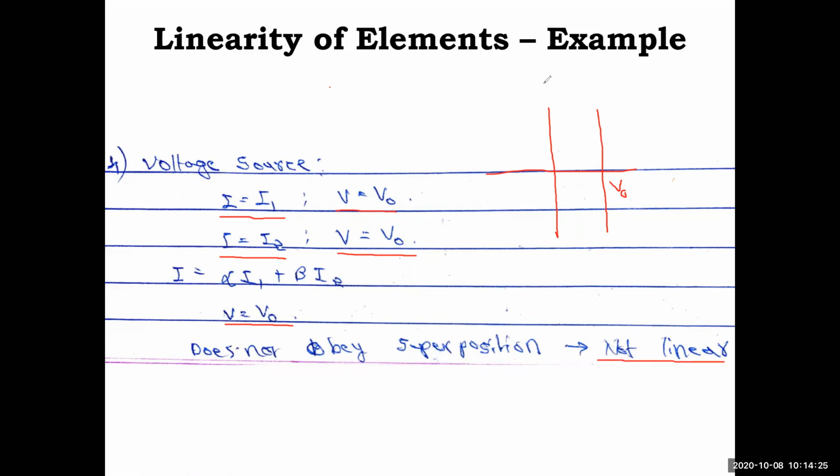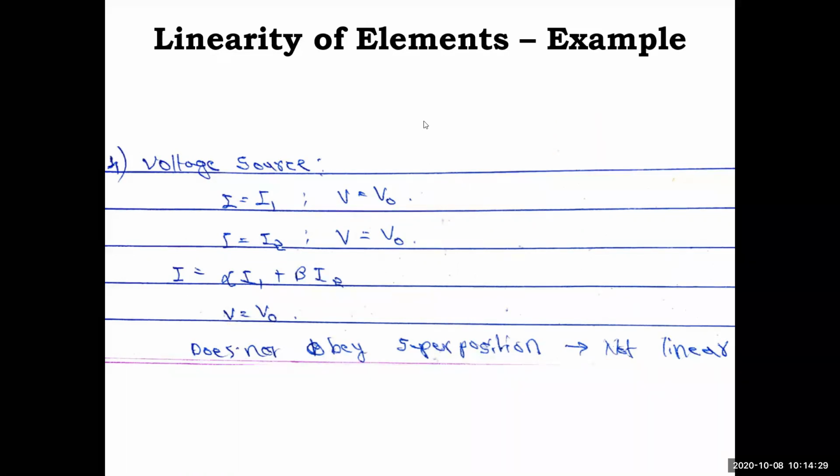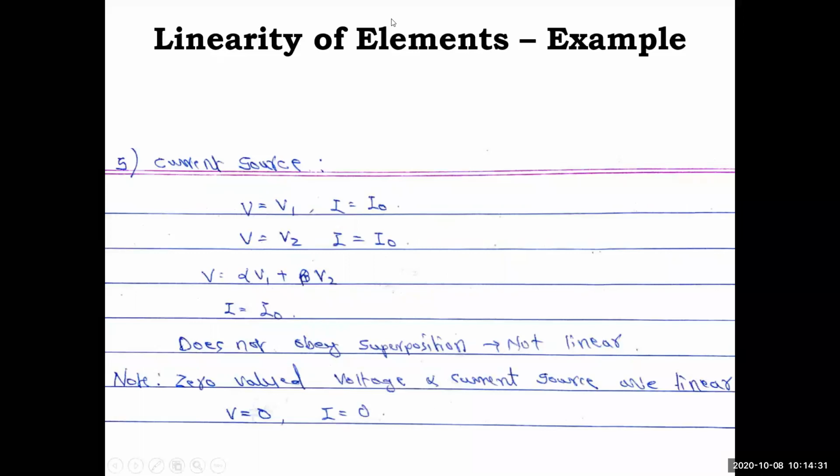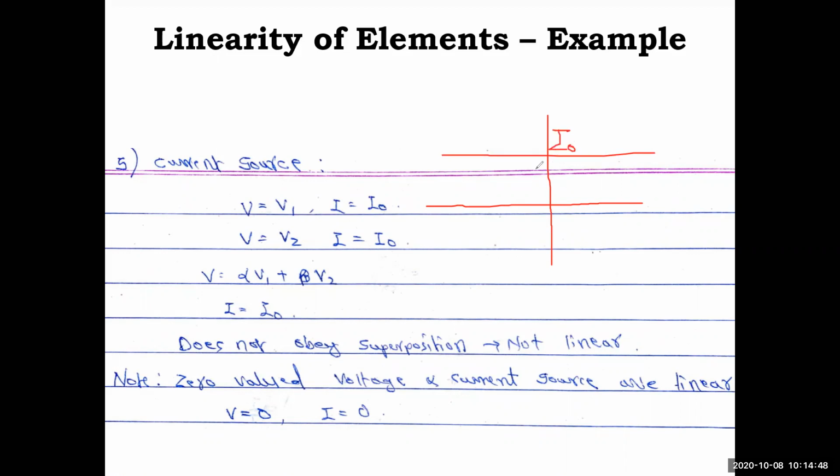So this is about the voltage source. Next, we will consider the current source. What is meant by a current source? If you see its characteristics, it will pass a constant current of I naught irrespective of the voltages.